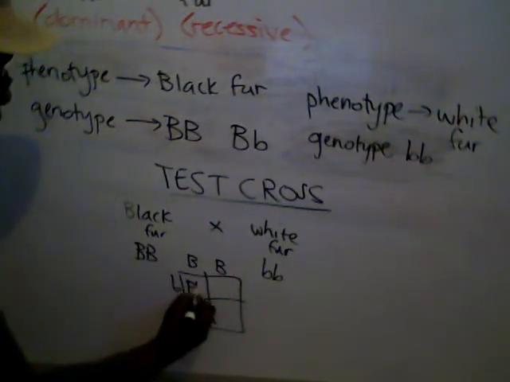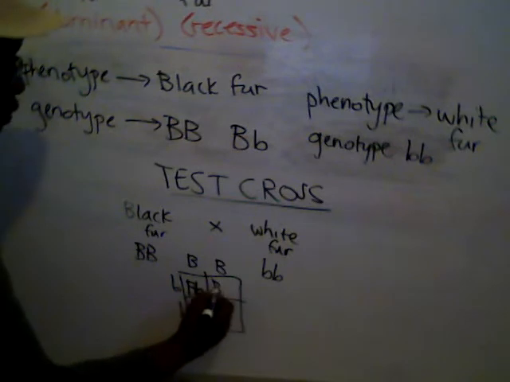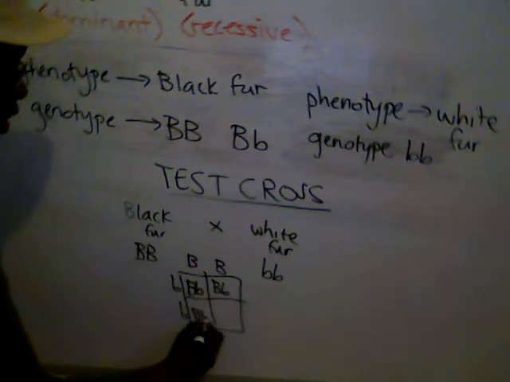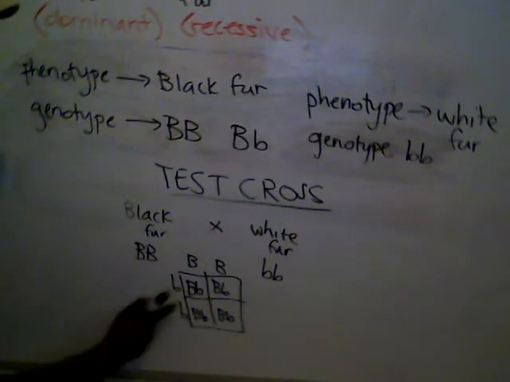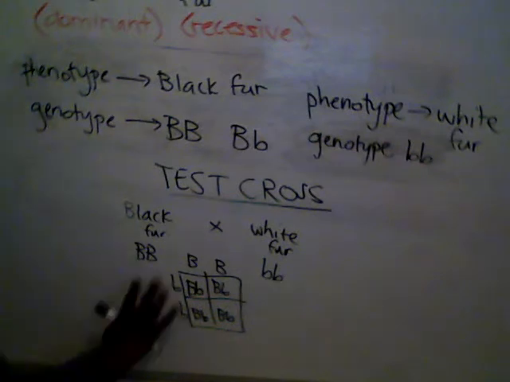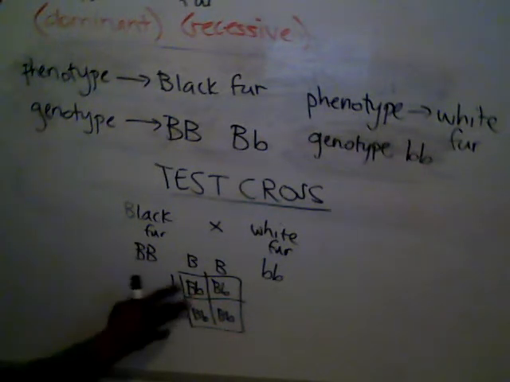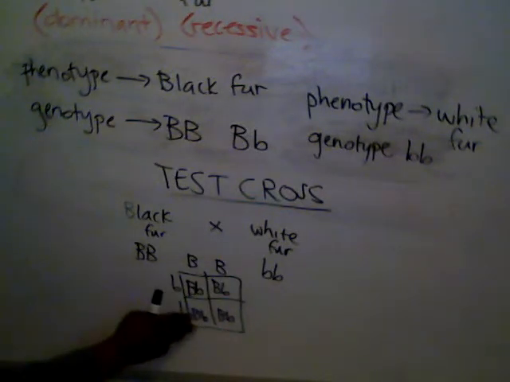One thing we notice is that hypothetically, if this black fur was homozygous dominant, meaning they had two big B's, all of their offspring should have black fur. They all should be heterozygous, but we said that heterozygous still also has black fur. So if this rabbit were big B, big B, all of their offspring should be black. There's no way that their offspring could ever be white because none of these combinations are little b, little b.